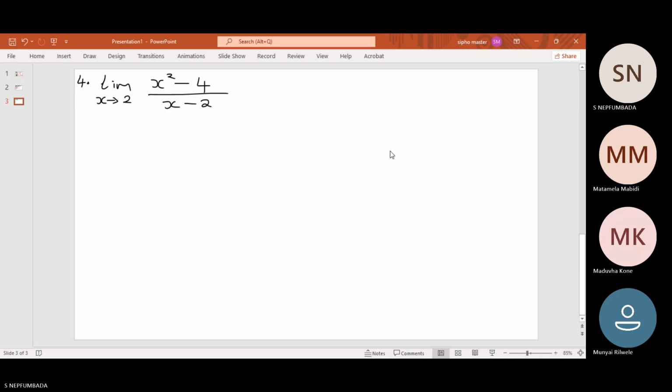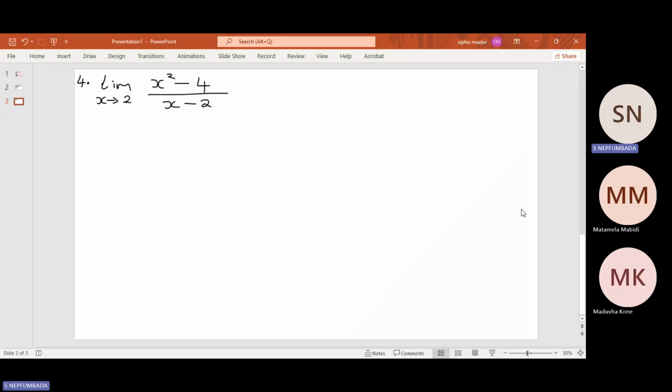Maths error. So we must avoid that. We are not going to do a direct substitution, because if we do, we're going to get maths error. So we first simplify.